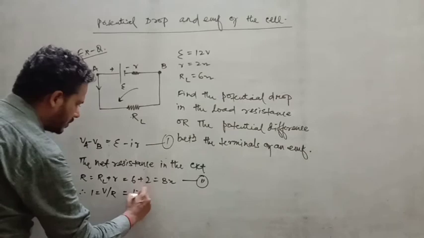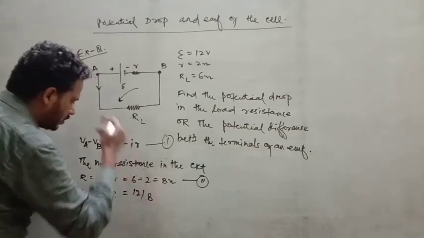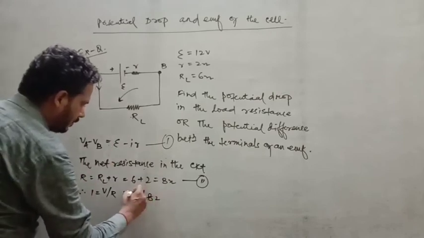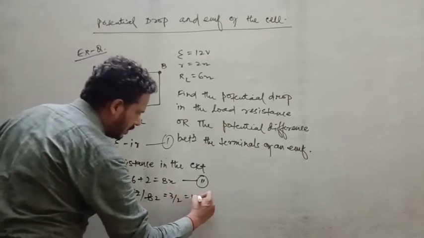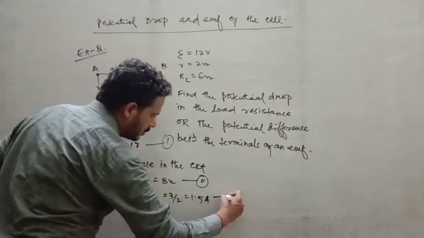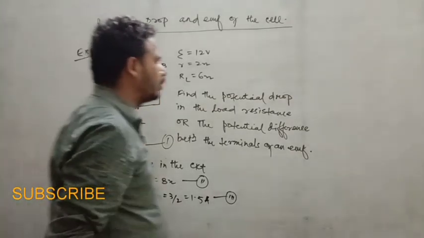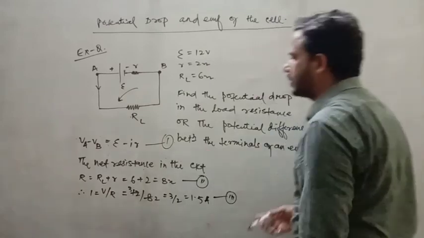So 12 divided by R, which is 8. This cancels by 4: 2 fours are 8, 3 fours are 12, that is 3 by 2, that means 1.5 ampere. So that is our next equation, and then you have to find the potential difference from equation 1.